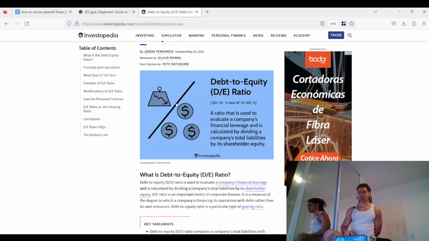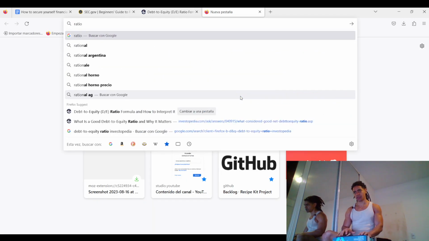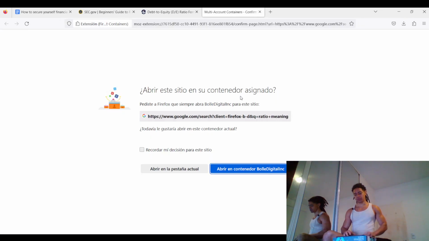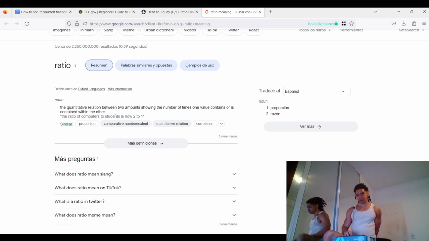When you talk about ratios, ratio means the quantitative relationship between two amounts, showing the number of times one value is contained within the other.